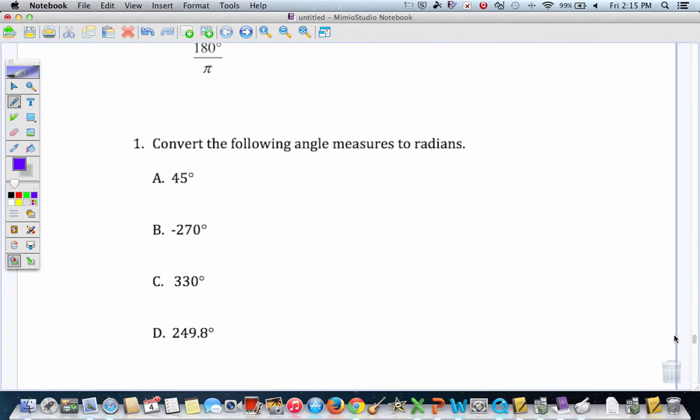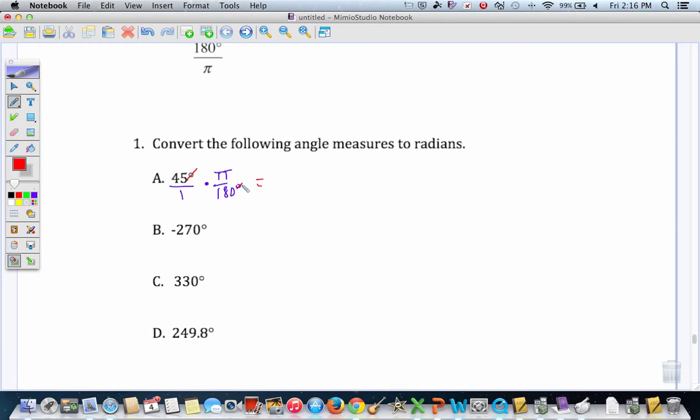Now we have 4 examples to get us started on how to convert from degree measure. You can see we have a degree symbol on each of these. I'm going to put this first one over 1 just to illustrate how we can cross cancel. Our unit conversion then is to multiply by pi over 180 degrees. So when we simplify, rather than multiply straight across and then try to simplify it down, the first thing I'm going to do is cross cancel.